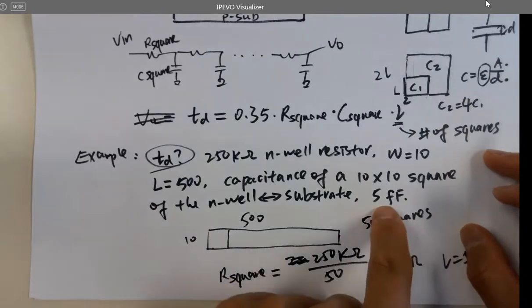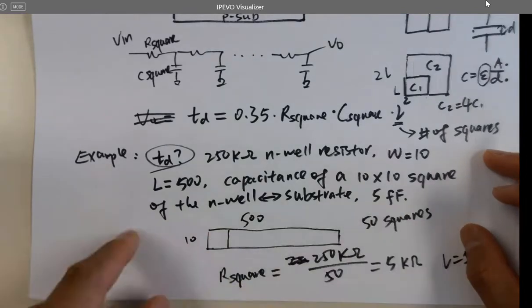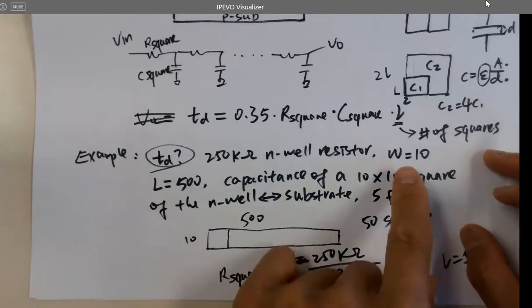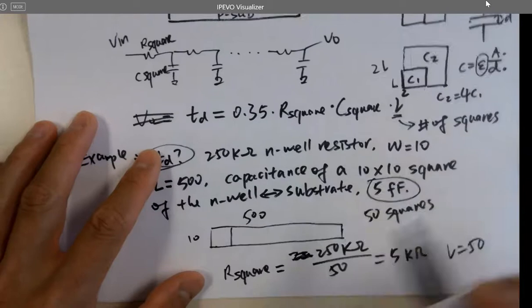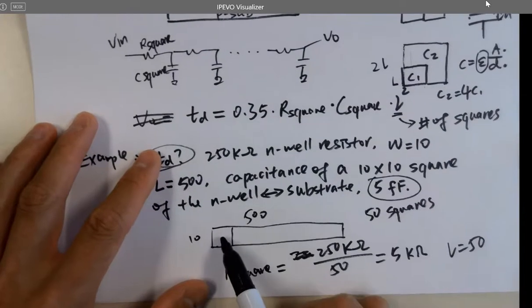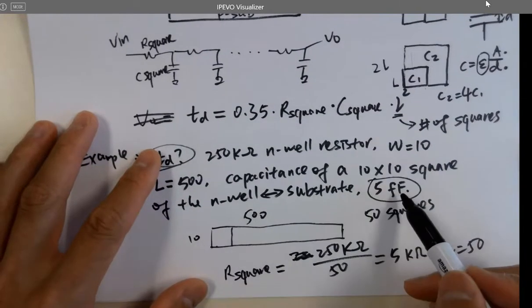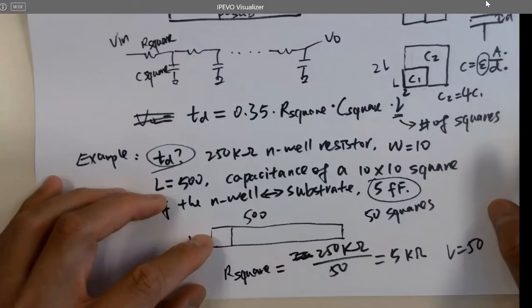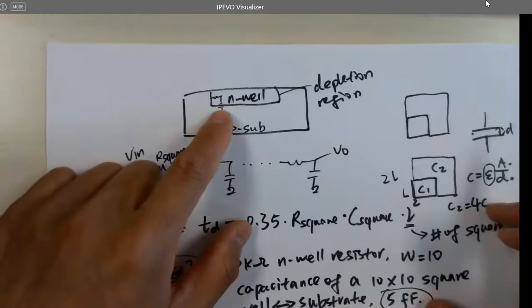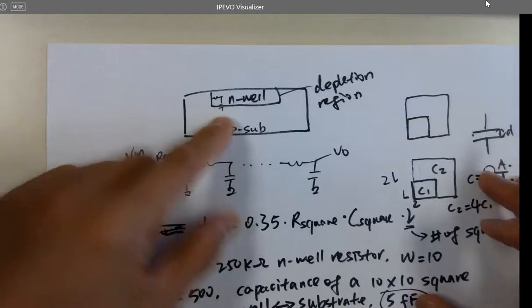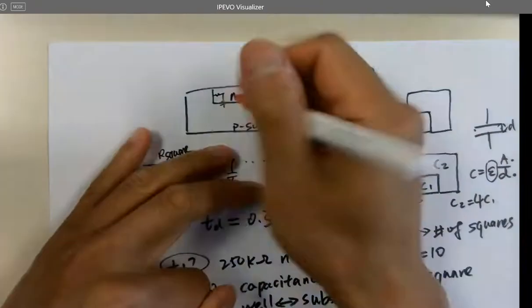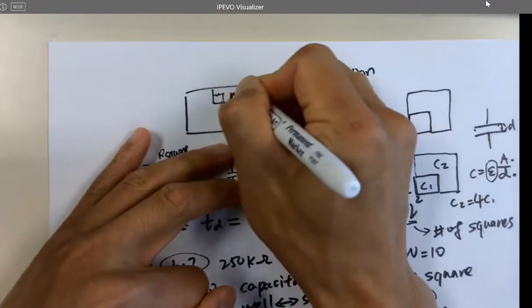So one quick question: Are these caps in parallel or in series? Since you know every single one is 5 femtofarads, right? And looks like they are in series. Are they? Why? They're in parallel. If you look at the caps in the cross-sectional view, right, they are like this.